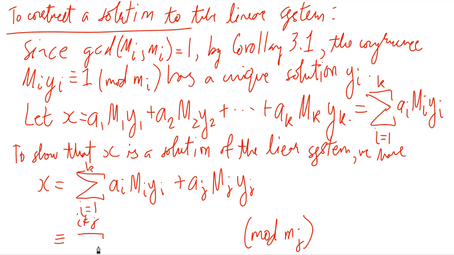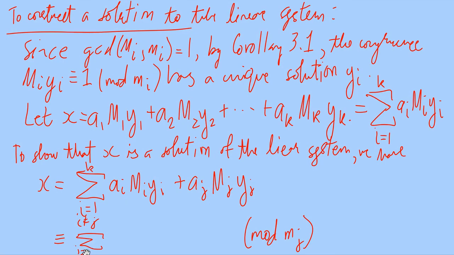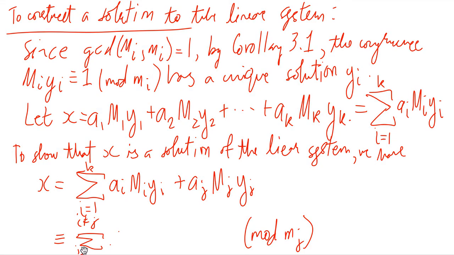So this will become the summation for all I not equal to j. Sorry, I will try to fit this one. Okay, let's just put this not equal to j.